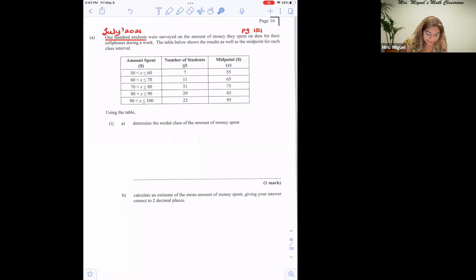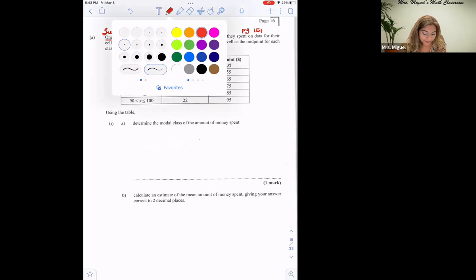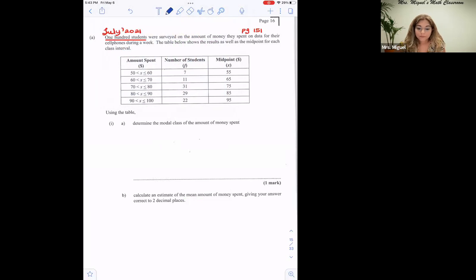So these are classes. Which of those classes has the highest number of students?